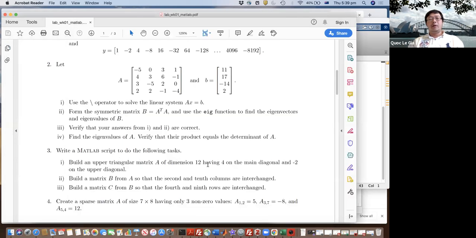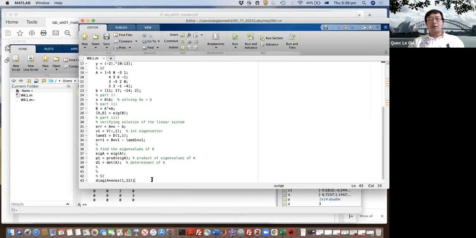And then minus 2 on the upper diagonal. So the minus 2 is just minus 2 multiplied by ones.